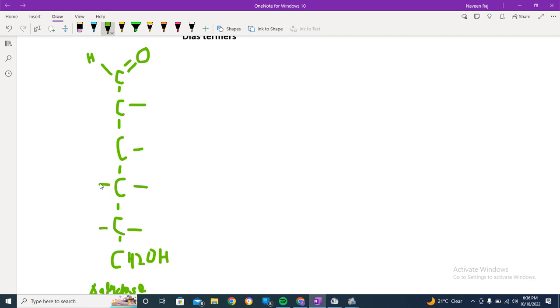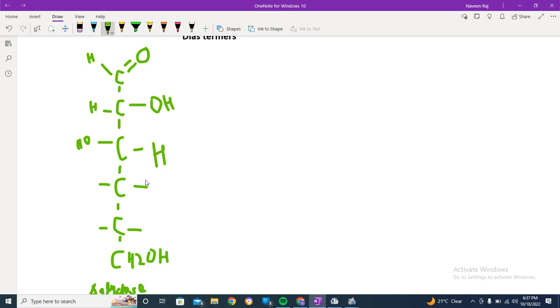On C2, OH will come on this side, and C3 is always changing in aldohexoses. So here would come H, and here HO, and here H. Now what will happen in the galactose structure?